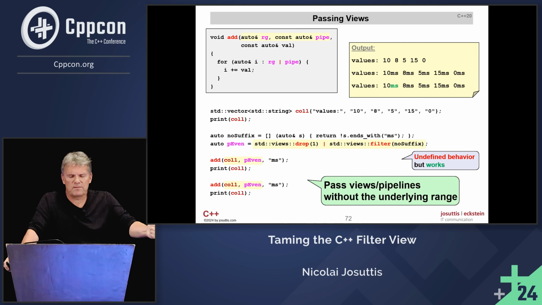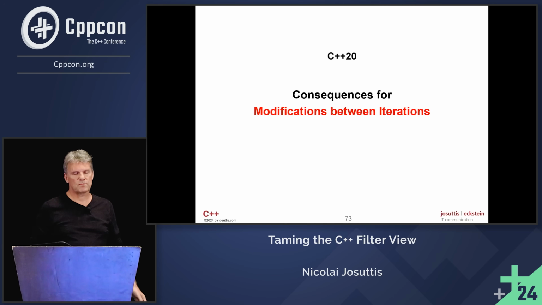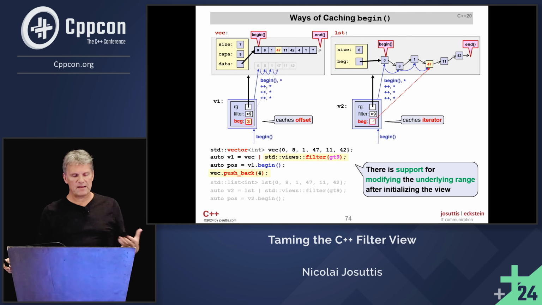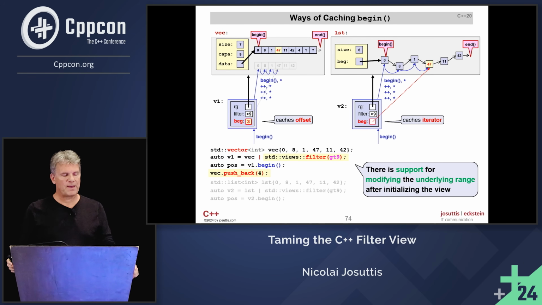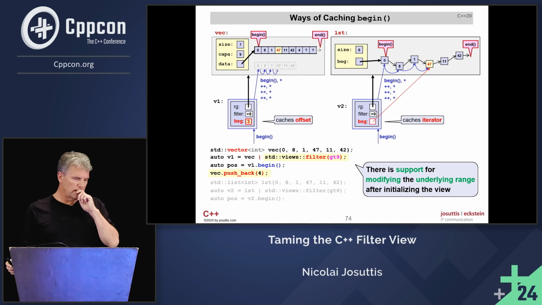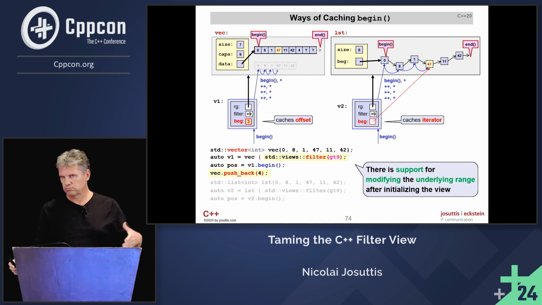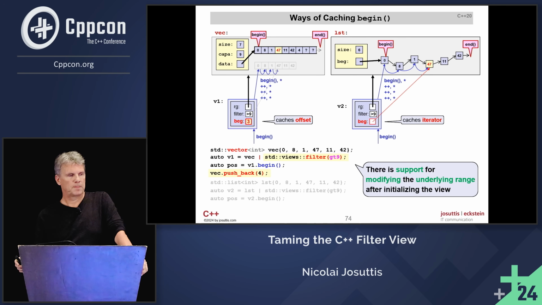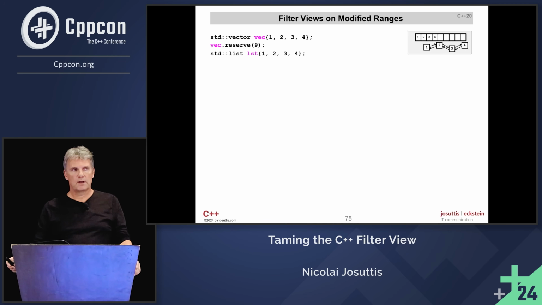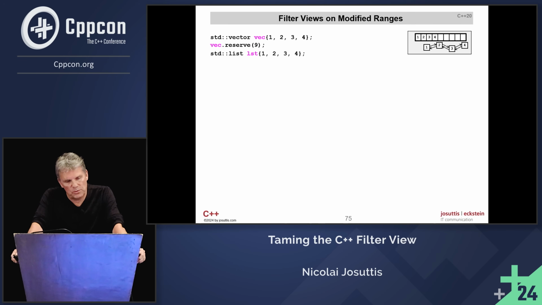Okay, we had reads, we had writes. Now let's modify elements between iterations. You saw there's some support: we have a vector, we do something, and when we modify the vector, the cached begin is maintained. But wait a minute, look at this code. I have a vector with element values 1, 2, 3, 4. I have a list with element values 1, 2, 3, 4.